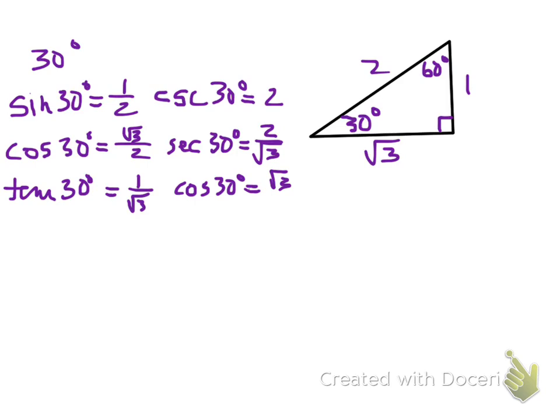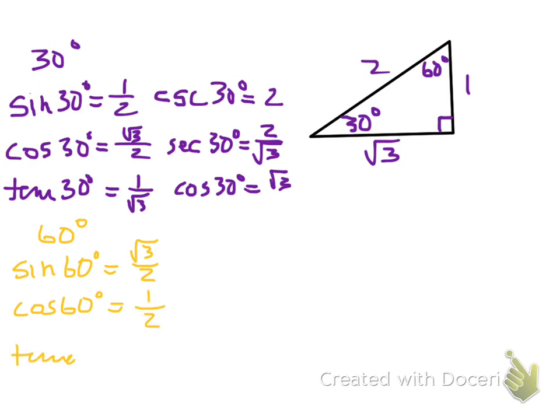All right, let's do 60. While we're here, because I've got my 60-degree angle, yes? What is the sine of 60 degrees? Square root of 3 over 2. Cosine of 60 degrees? 1/2.